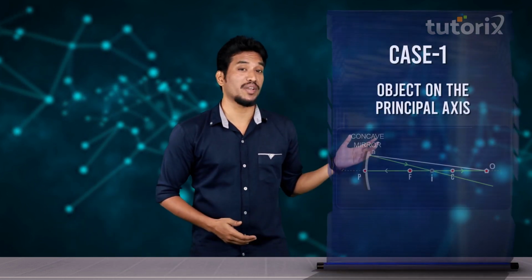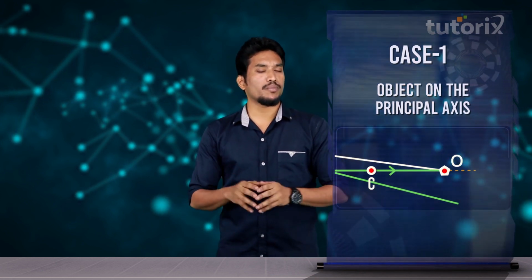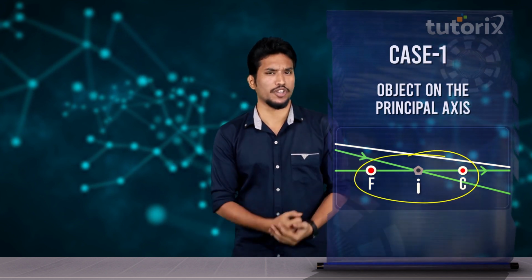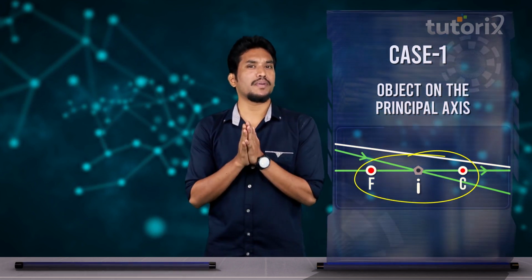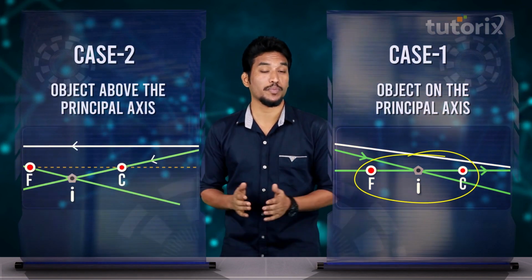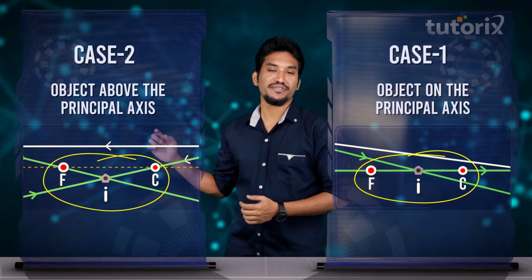If we compare the two cases, in the first one we place the object on the principal axis and the image is also formed on the principal axis, between the center of curvature and the focus. On the other hand, when we place the object above the principal axis, the image is formed below the principal axis, but it is again between the center of curvature and the focus.